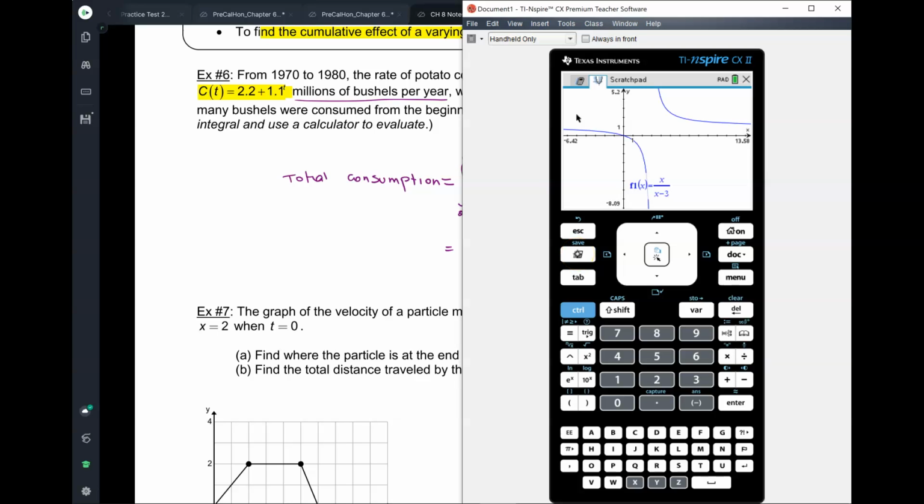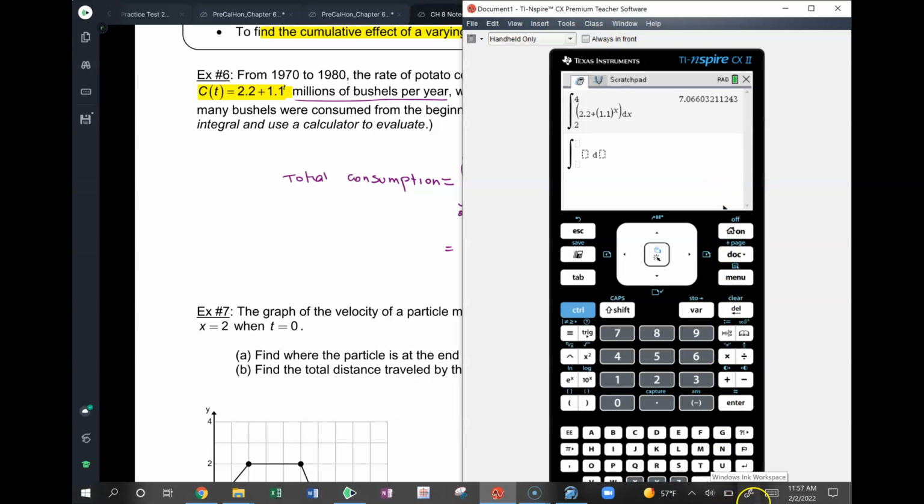Yes, for these you can use your calculator. You go into the menu next to the 9, that toolbox, and the integral symbol is there. To go between one field and the other, just press tab. You plug that in, and the calculator gives me 7.066.